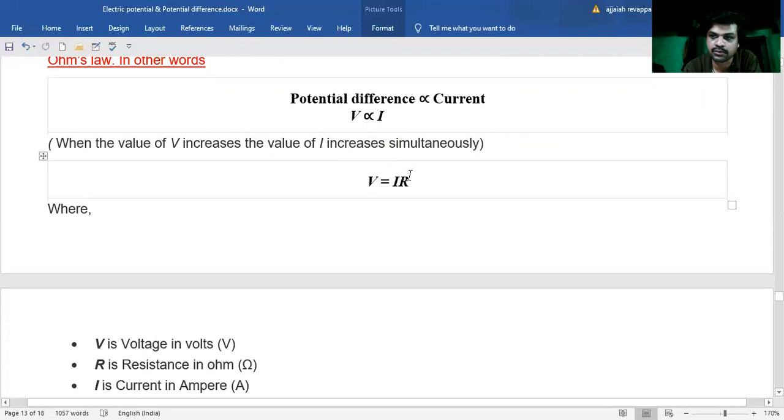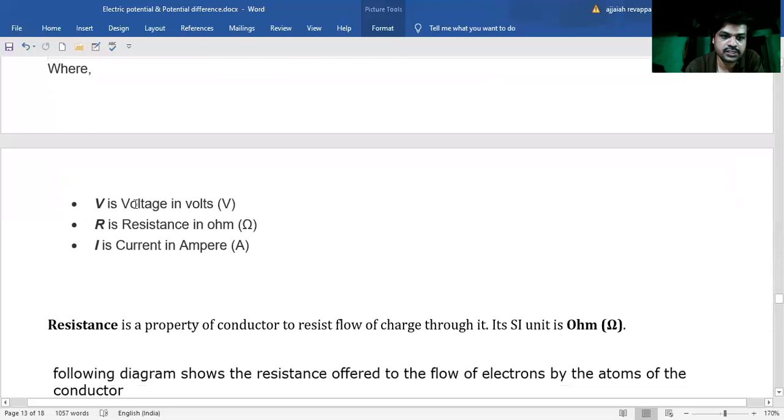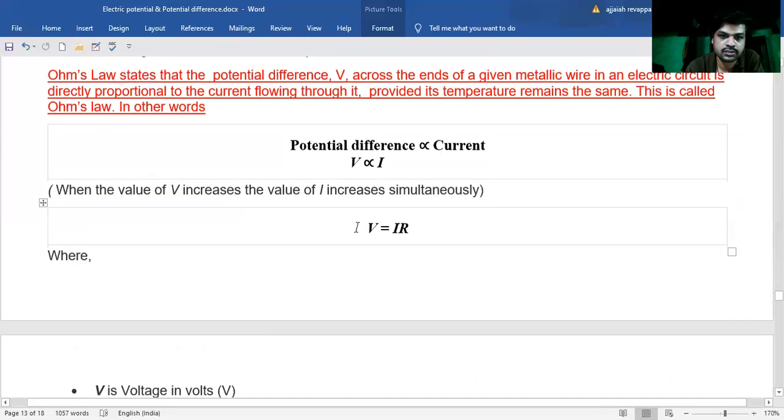Again, there are three physical quantities: potential difference, electric current, and resistance, where R is the resistance. V in this equation is the voltage or potential difference. Its SI unit is volts.